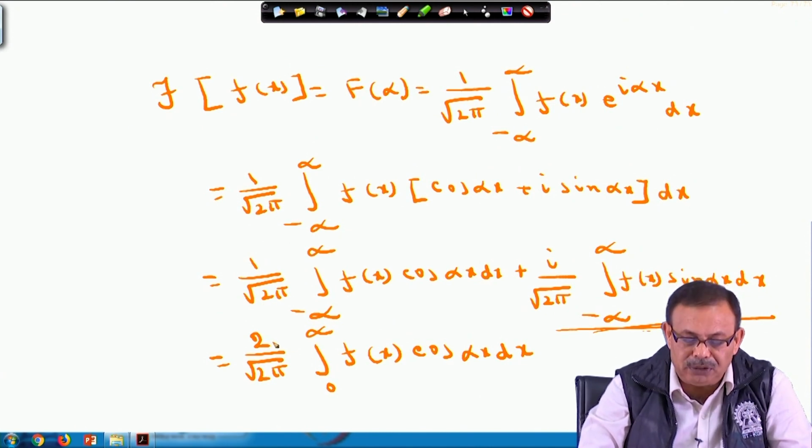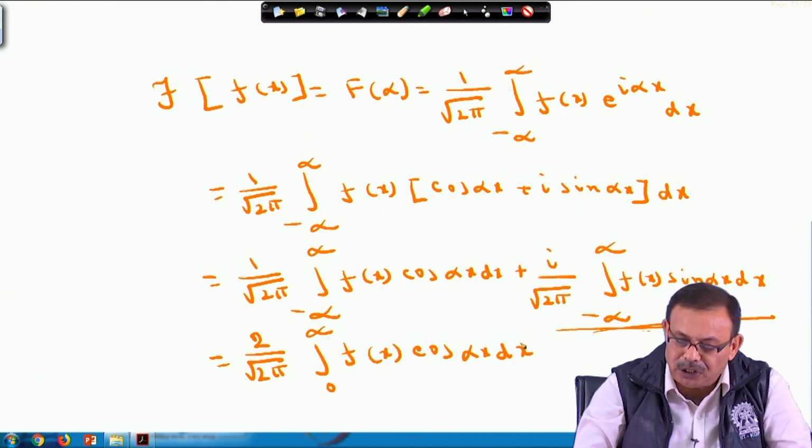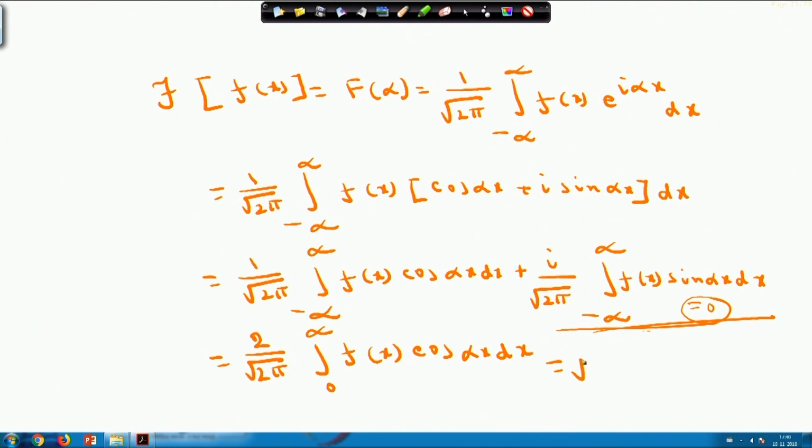So I am getting 2 by root over 2 pi, 0 to infinity, f x cos alpha x dx. This 2 by root 2 pi I can write as root over 2 by pi, times 0 to infinity f x into cos alpha x.